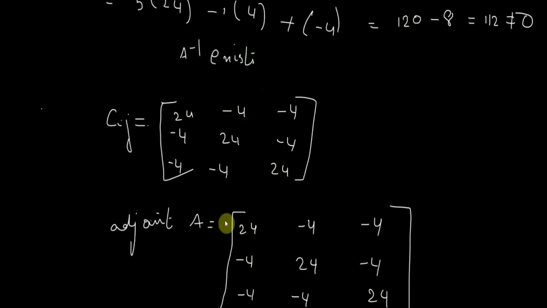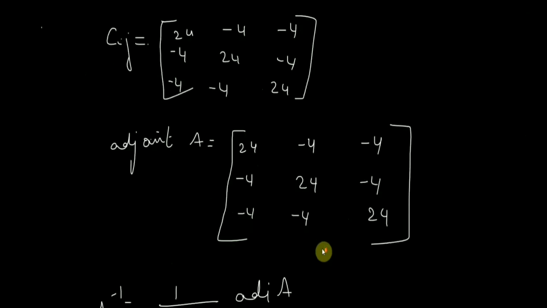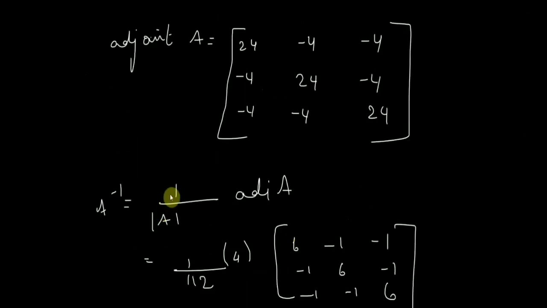Like that, you have to find the cofactor of every element. At these places, be careful, you have to change the sign. So you get the cofactor matrix. The adjoint is the transpose of this: the first column becomes the first row, the second column the second row, the third column the third row. So A inverse is 1 by determinant of A into adjoint of A. So 1 by 112, and in the adjoint of A, all the elements are multiples of 4, so I took 4 outside.